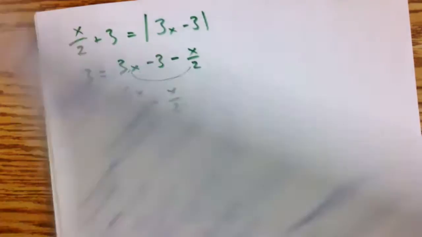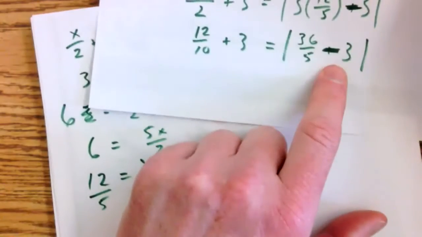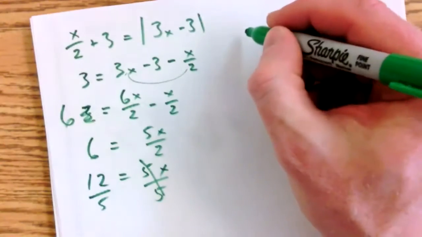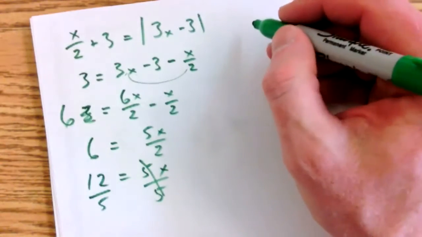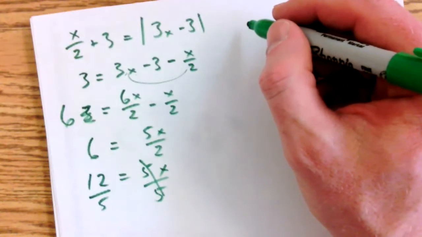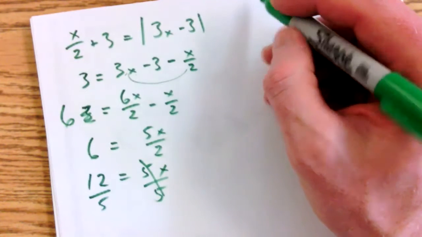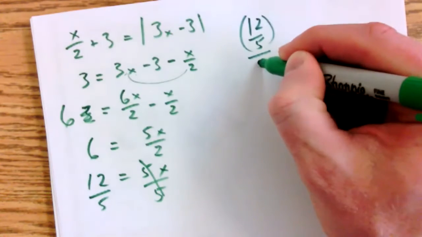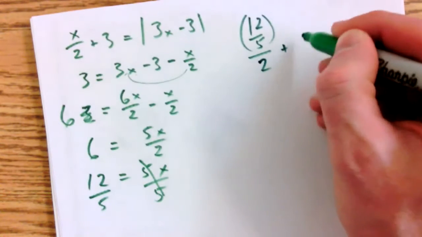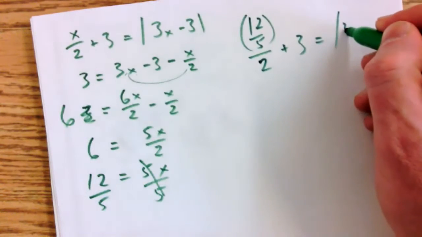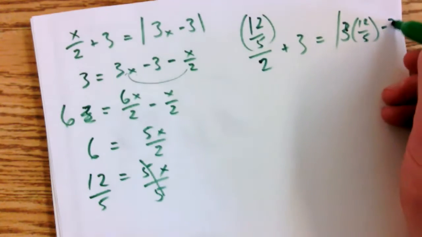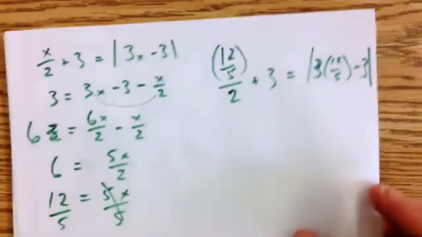But yeah, when I was doing my substitution, I screwed this up. So let me just check it again properly. So 12 over 5. So 12 over 5 over 2 plus 3 equals 3 times 12 over 5 minus 3.